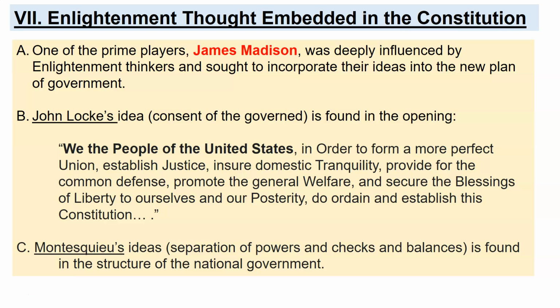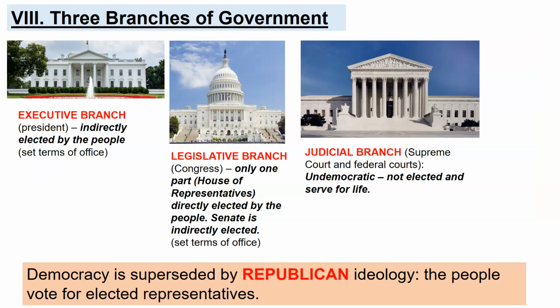Another person he was very well linked to was Baron de Montesquieu, and the ideas of separation of powers and checks and balances were a key part put into the Constitution by people like James Madison to make a stronger national government and allow our government to be flexible and to fix those issues that we had under the Articles of Confederation.